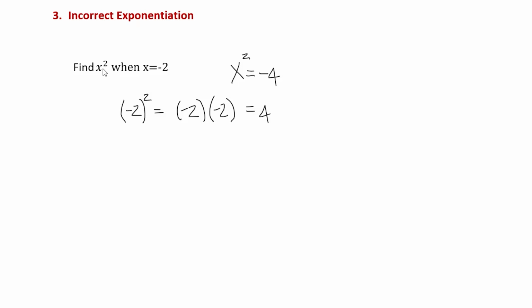Any even power will result in a positive number. So you've got to be very careful that (-x) squared does not equal -x squared. So you've got to be really careful about that.